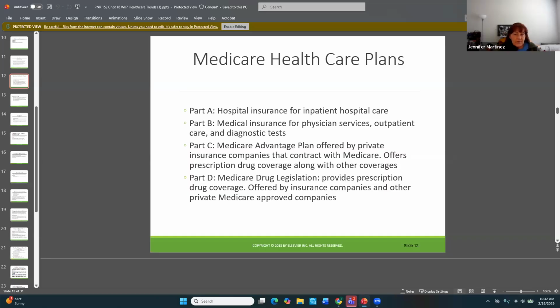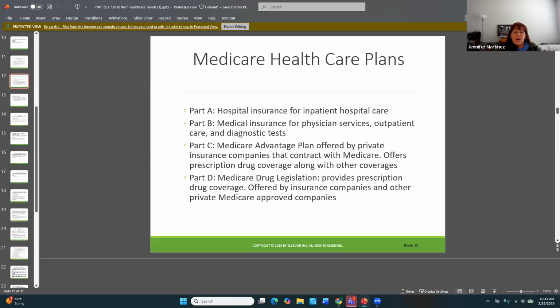They're offered by private companies that contract with Medicare. These can be your HMOs, your PPOs, your fee-for-service plans. This will sometimes offer your prescription drug coverage as well.